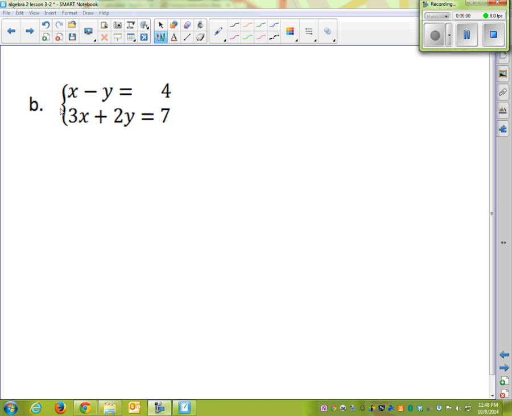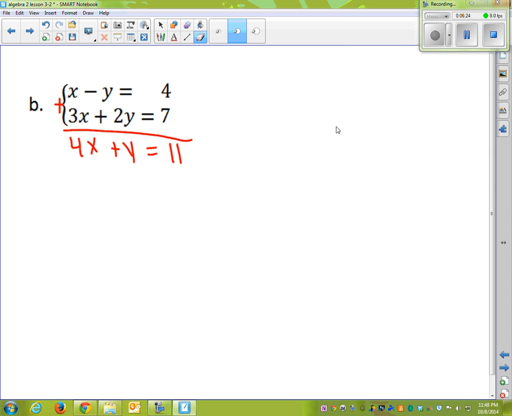This time, if I were to add these two equations together, I have 3 plus 1, which ends up being 4x. 2y and negative y leaves me with y and 7 and 4. If I add them just the way they are, I don't get rid of a variable. Nothing is eliminated. And that doesn't help me.